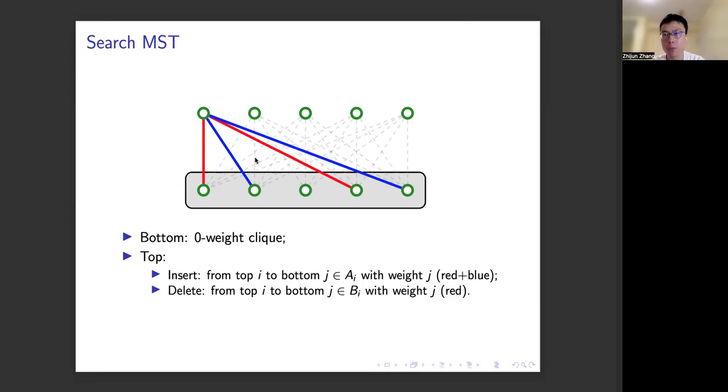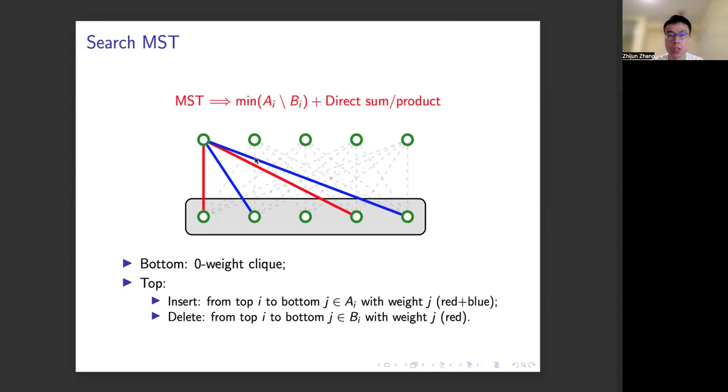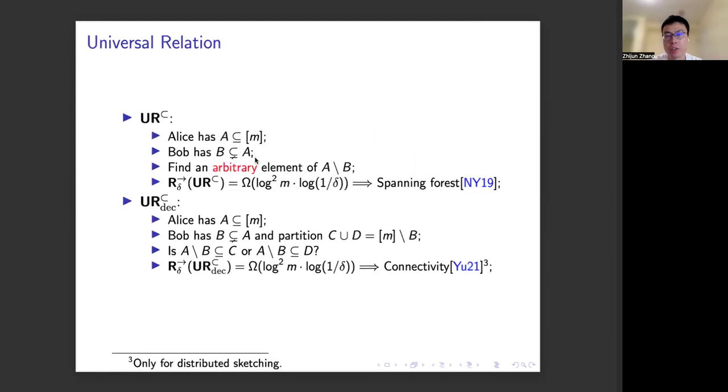If you're familiar with the connection between streaming algorithms and communication problems, this actually reduces the streaming MST problem to essentially a direct sum of a simple two-party communication problem where Alice holds a set A and Bob holds a subset B, and they want to find the minimum element in this difference A minus B. It turns out this problem is a variant of a well-studied family of communication problems called universal relation.